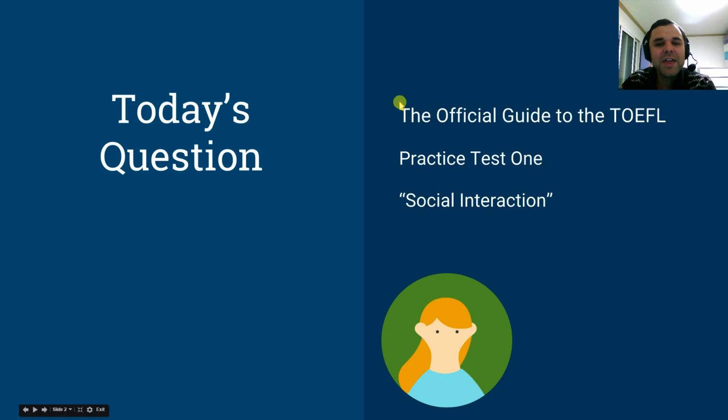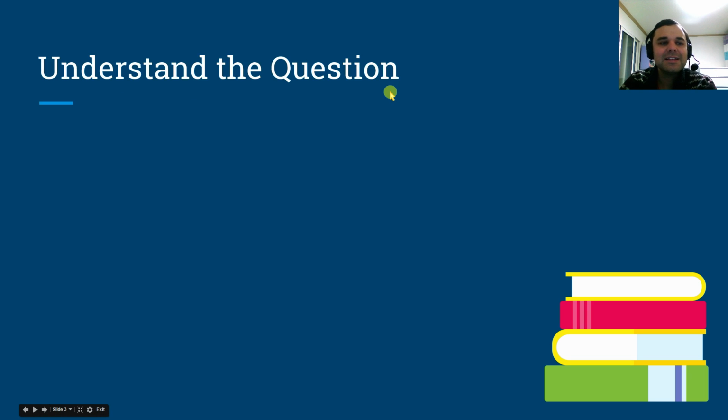Okay, so with that out of the way, let's begin with an explanation of what the type 4 speaking question is all about. Once you understand the question, you have an advantage over all the other test takers because you will understand that the question changes its subject every week, but the structure, the form of the question never changes.